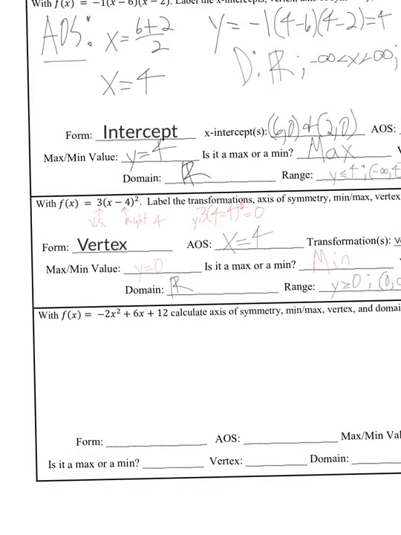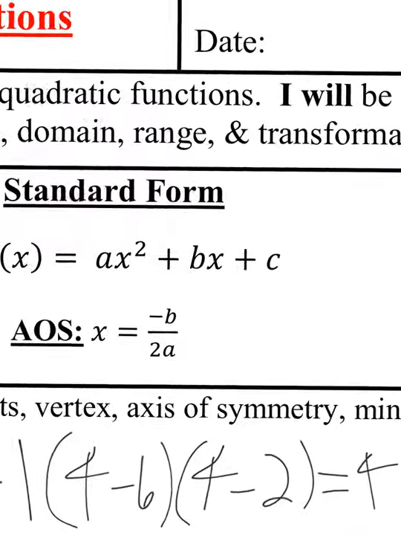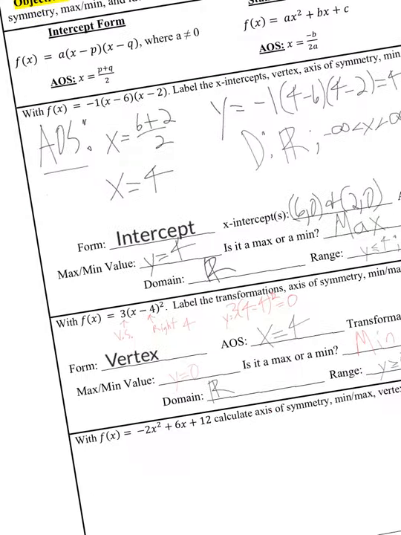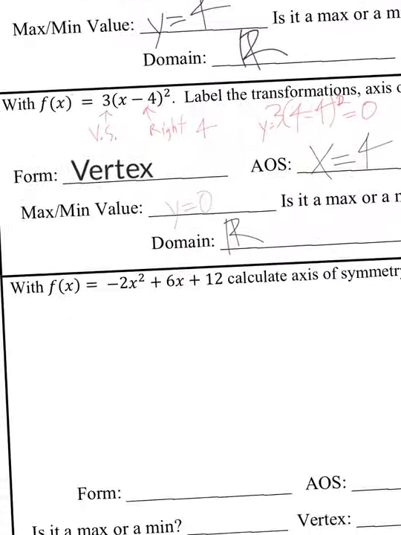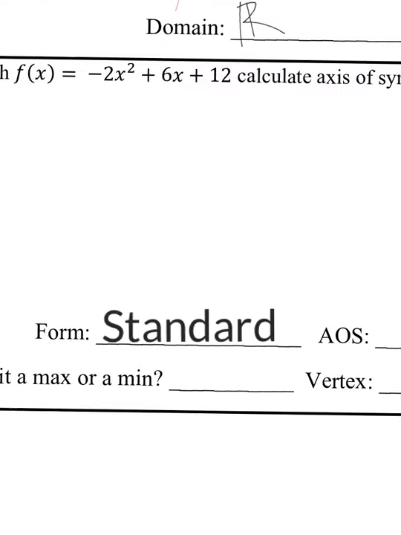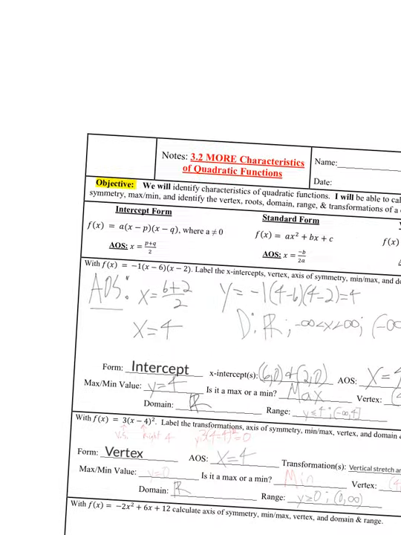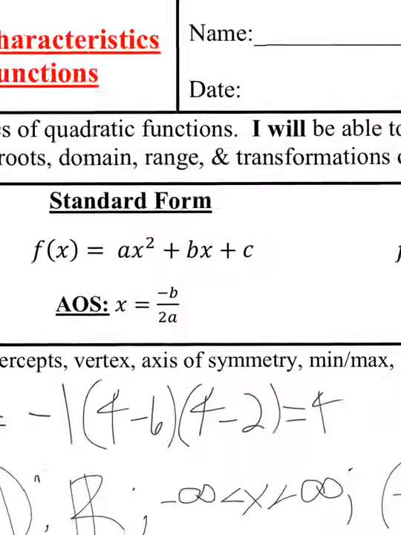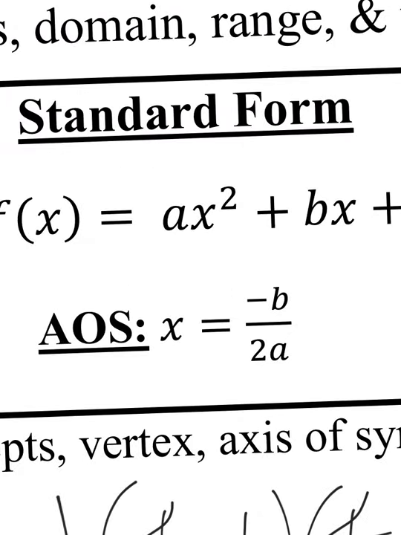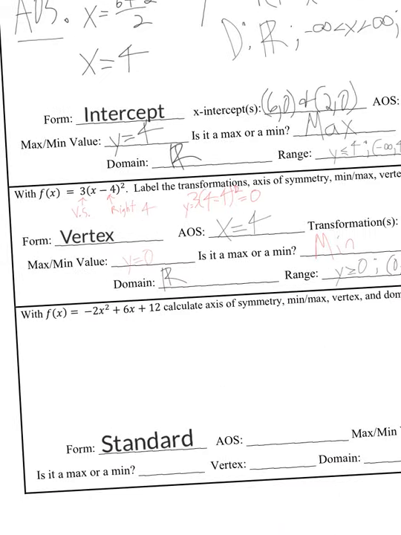Number 3 is in standard form. You see how it has ax squared plus bx plus c as negative 2x squared plus 6x plus 12. So I'll write standard form. Okay, now that I know what's in standard form, calculating the vertex starts with the axis of symmetry, like all these did. But the axis of symmetry is negative b over 2a. So flip the sign of the b term and divide it by 2 times a, the front term.